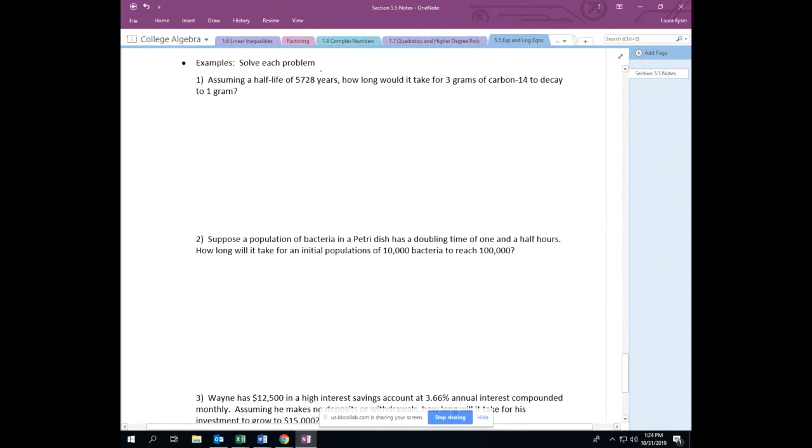But the formula for this one is A of T equals A sub 0 e to the negative 0.000121 T. That doesn't look right, hold on.